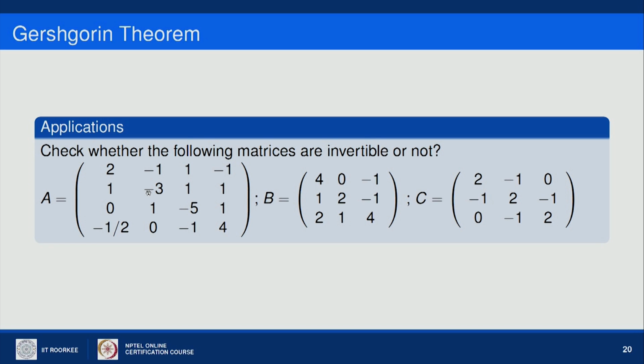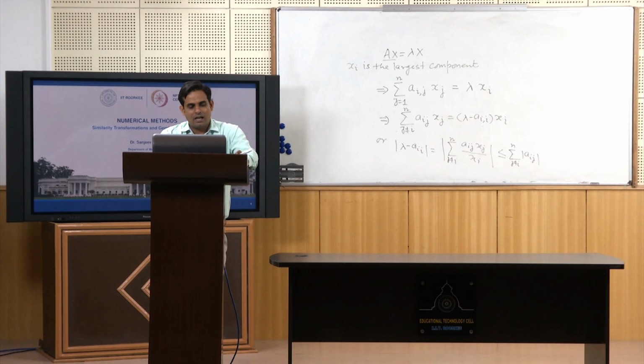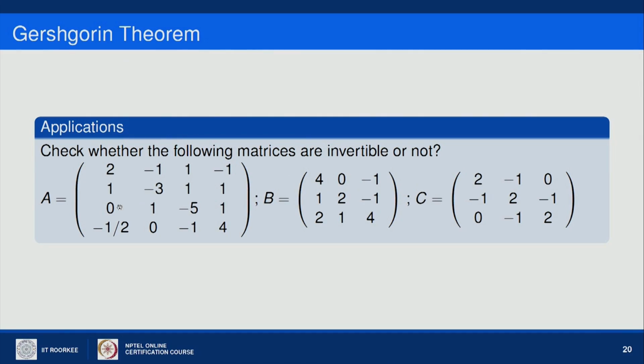The first disk is |lambda minus 2| less than or equal to 3. The second is |lambda plus 3| less than or equal to 3. The third one is |lambda plus 5| less than or equal to 2, and the last one |lambda minus 4| less than or equal to 3/2.